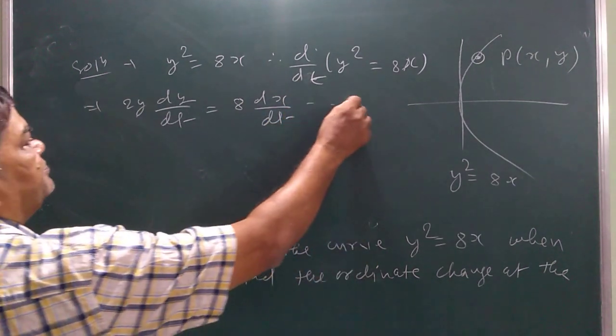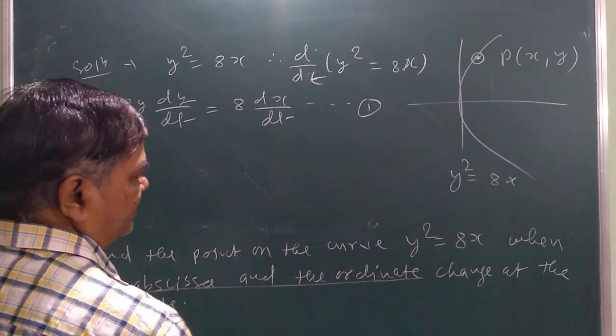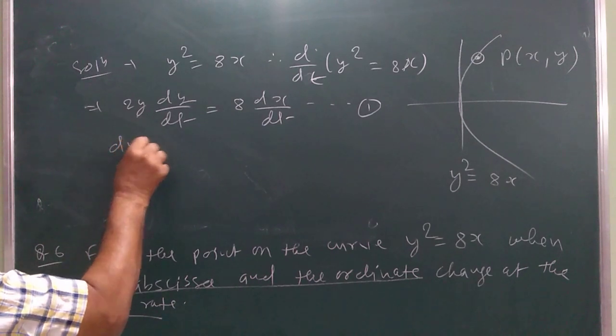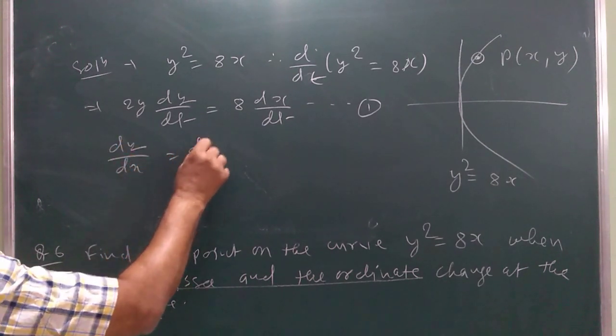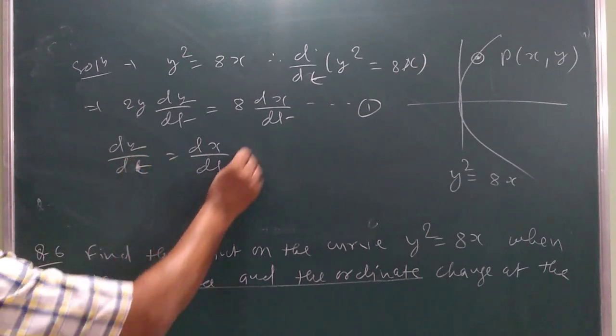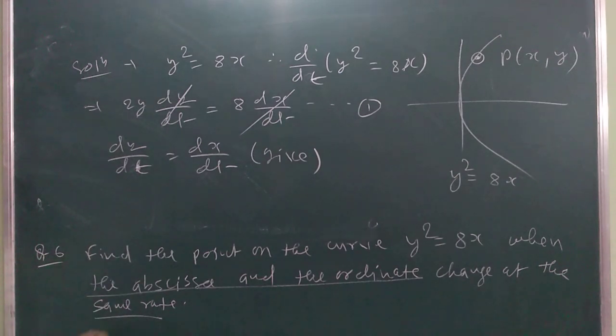Now what is given? The rate of change of ordinate and the abscissa are equal. Now dy by dt is equal to dx by dt. This is given. So considering this one, this will be cancelled.